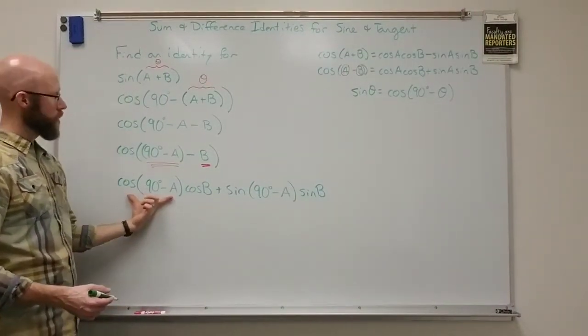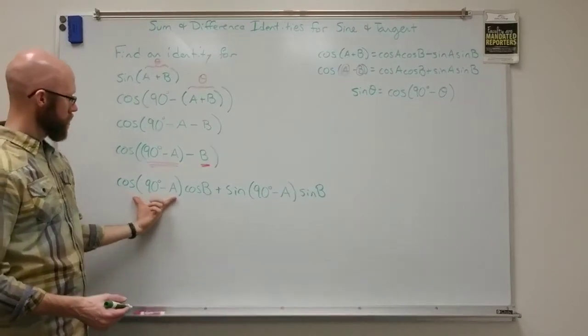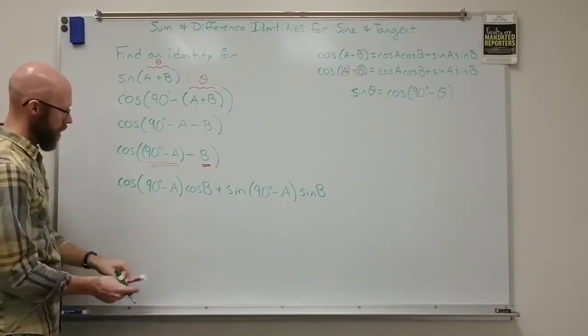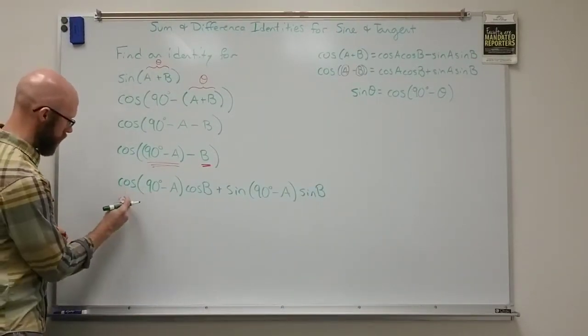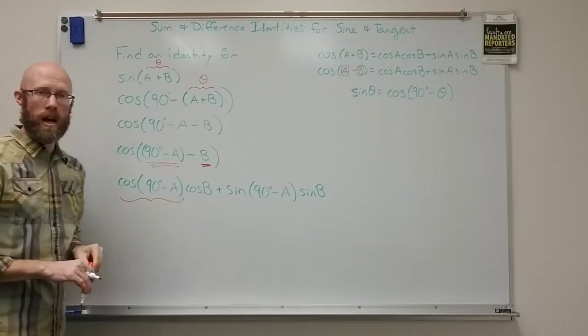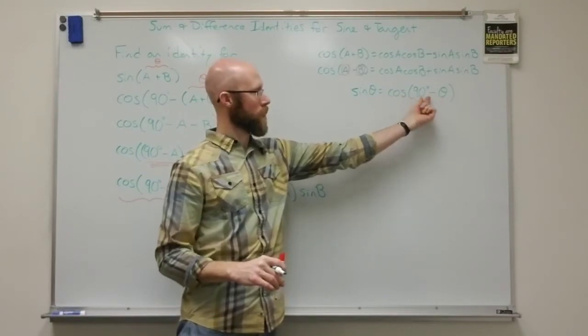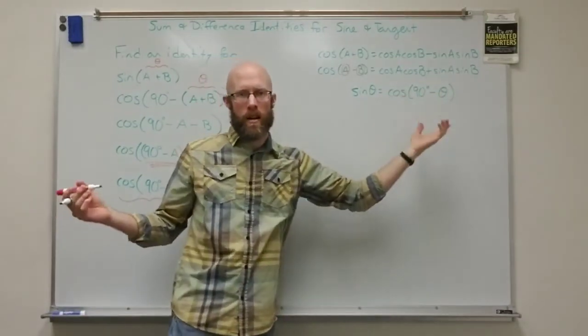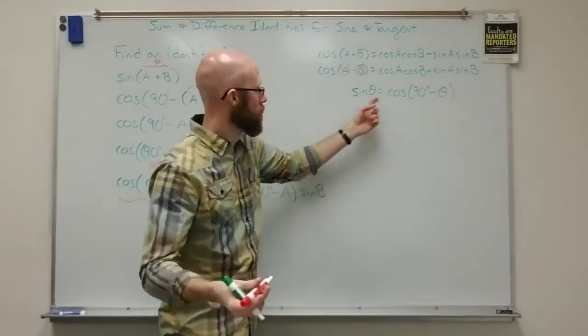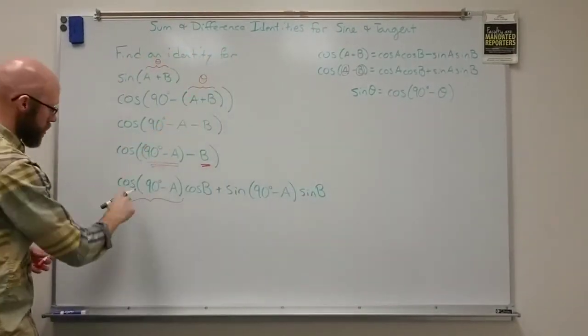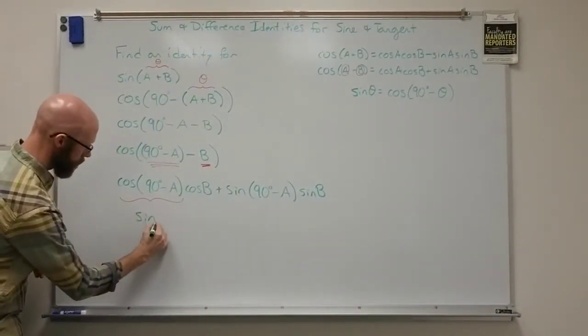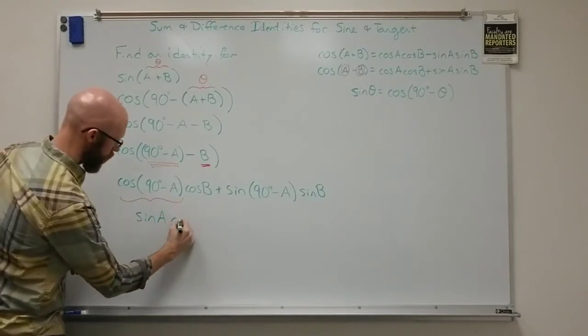Then the cosine of 90 minus a, well, consider this as part of your cofunction identity. It's right here, cosine of 90 minus theta. Theta, a, it doesn't matter what we call the angle, it's still the sine of theta, or in this case, the sine of a. We also have a cosine of b.